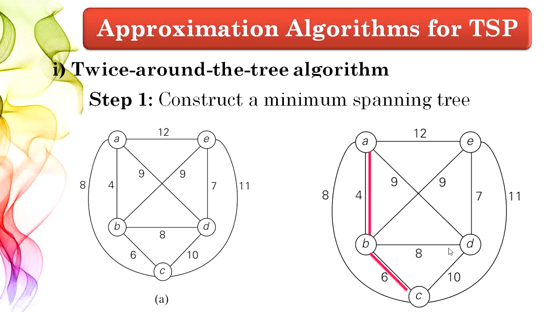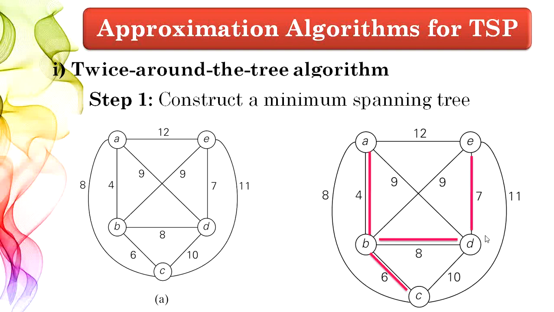B to D is the least weight, so I selected B to D. From D to E, I have the least edge, 7. Even though there is a connection between C to E, its weight is 11, which is greater than 7, so we opt for D to E. This is called the minimum spanning tree for the given problem.